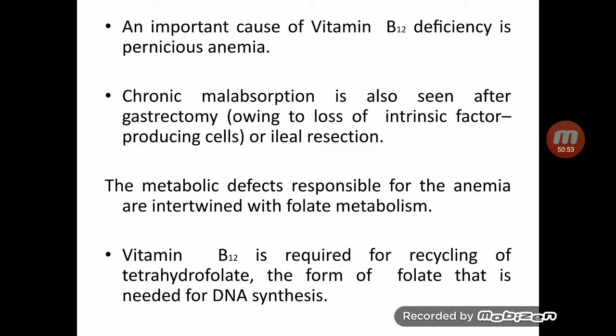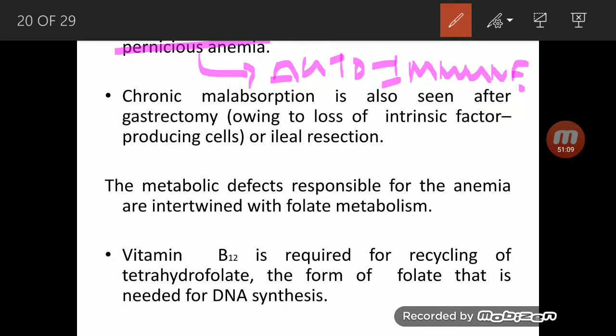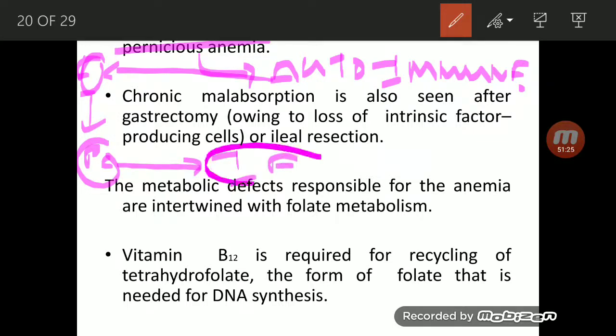One of the important causes of vitamin B12 deficiency is pernicious anemia. Pernicious anemia is an autoimmune disorder that destroys your own body's parietal cells. If your parietal cells are destroyed, intrinsic factor will not be produced, and if intrinsic factor is not produced, your vitamin B12 will not be absorbed.